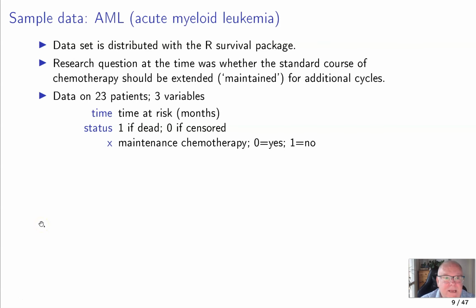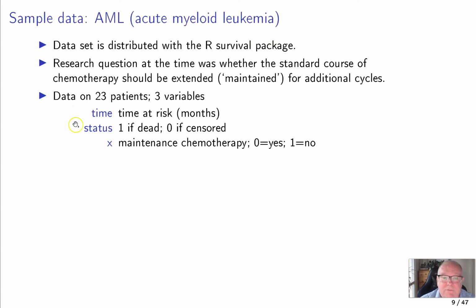So let's have a look at an example. This is a data set distributed with the survival package in R. It's data on 23 patients diagnosed with acute myeloid leukemia. And the research question at the time was whether the standard course of chemotherapy should be extended, so-called maintenance therapy.